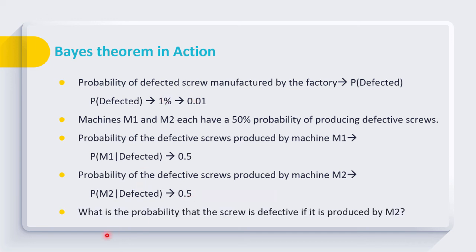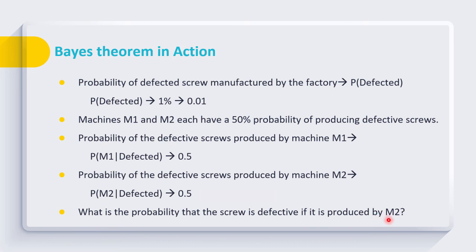And the question is, we have to find out the probability that the screw is defective if it is produced by M2. So we want to calculate this value, which is the probability that screw is defective if it is produced by M2. Now, can you give a thought to represent this value according to conditional probability? Again, read this point. What is the probability that screw is defective if it is produced by M2?